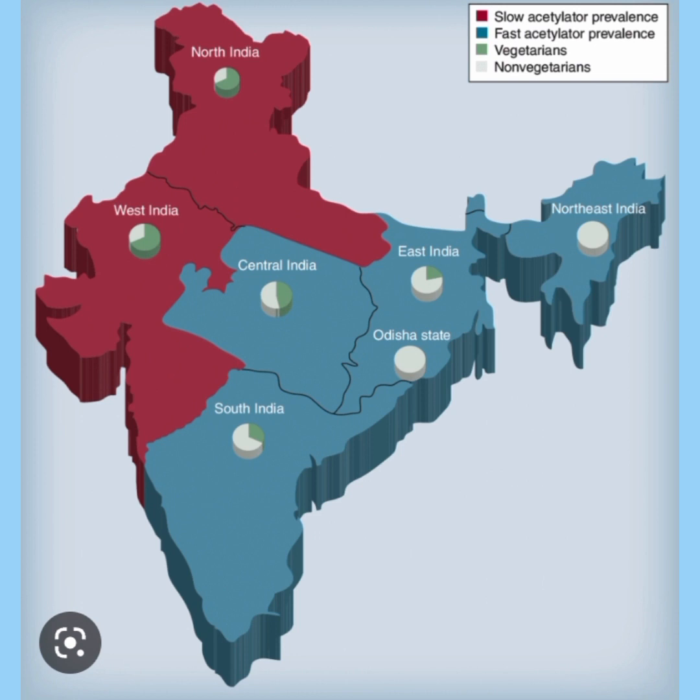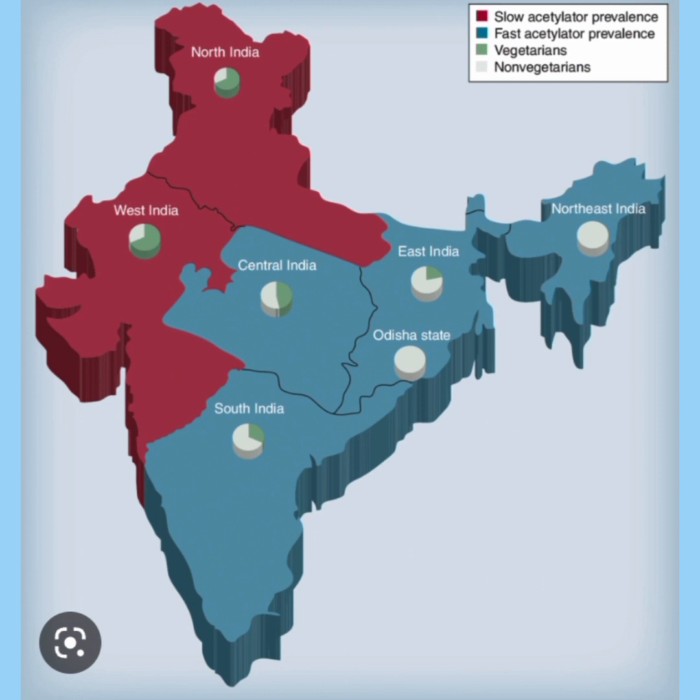Now the people who belong to North India and West India are considered slow acetylators, and the people who belong to this blue color group, like Central India, South India, Odisha, East India, and Northeast India, are not. As we have discussed, those living in North India and West India are called slow acetylators.